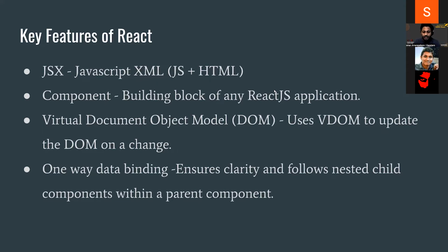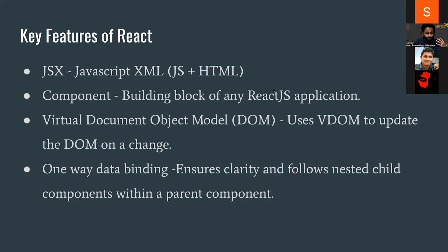Rather than directly going and changing the DOM itself, it updates the virtual DOM, and then it compares the virtual DOM against the DOM, checks for the difference, and only updates that changed part. So it's very efficient, and it avoids the cost of updating the DOM by itself.